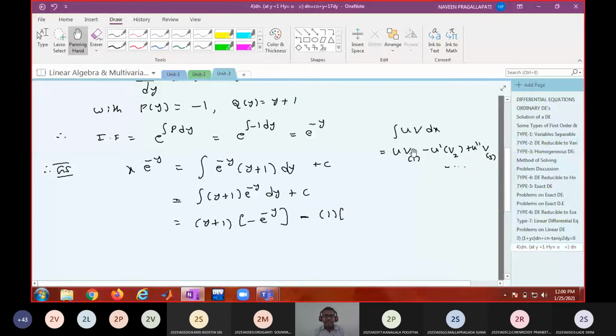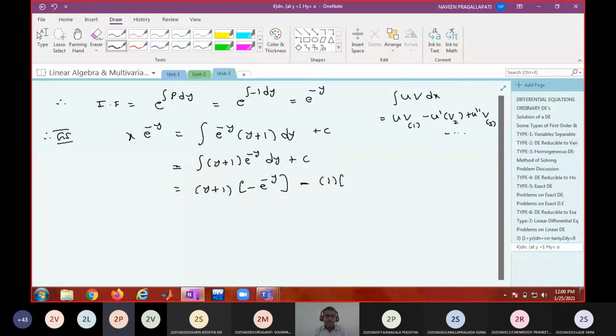1 into v2. What do you mean by v2? V2 is the integral of v1. So what is the integral of minus e power minus y? Minus e power minus y, that's it. Integral is nothing but antiderivative, right? Plus, what is the derivative of 1? 0.